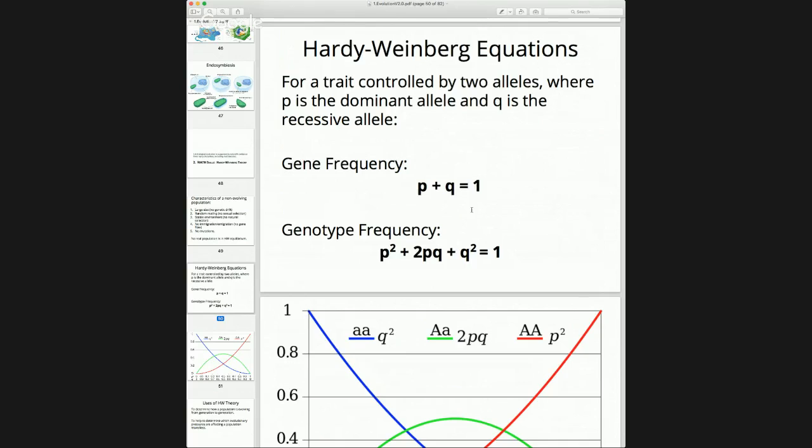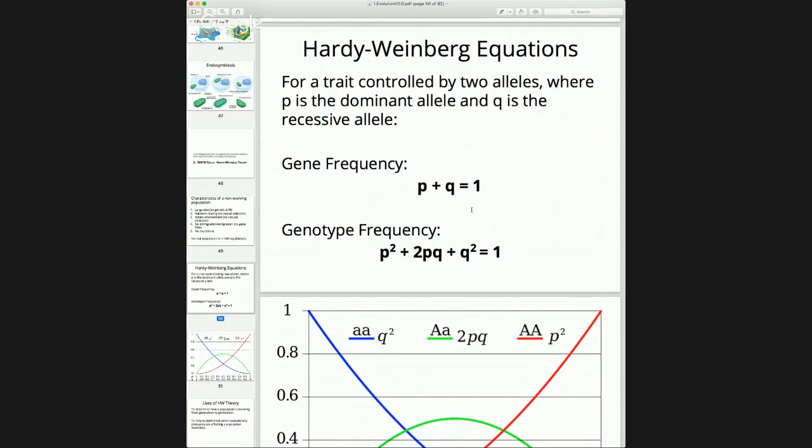That's totally different than how we usually deal with squares, right? Usually when we square something, it gets bigger, but here when we square it, it's going to get smaller. And so that's a really important thing just to keep in your head. But once you figure out what Q is, then you can just subtract that from 1, and you can determine what P is. And then once we know what P and Q are, we can work our way through the entire equation.